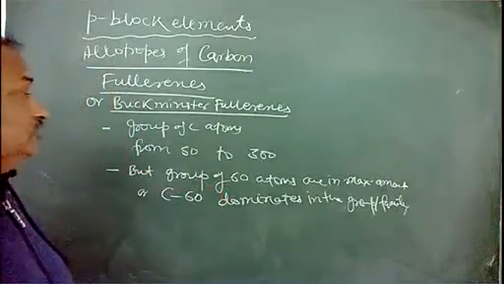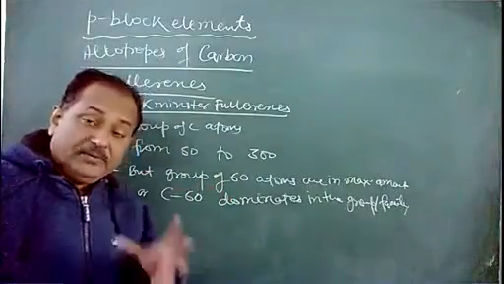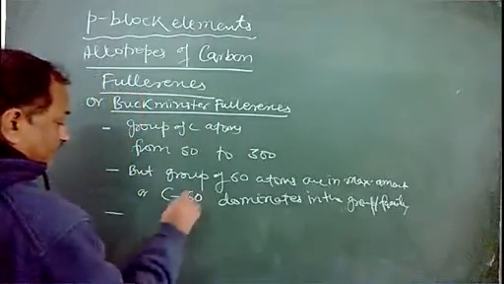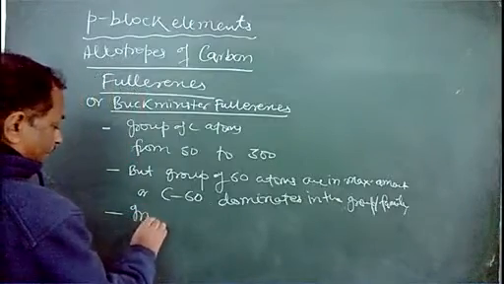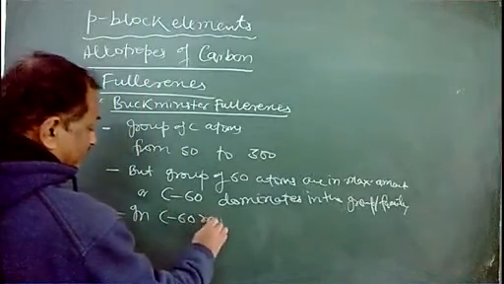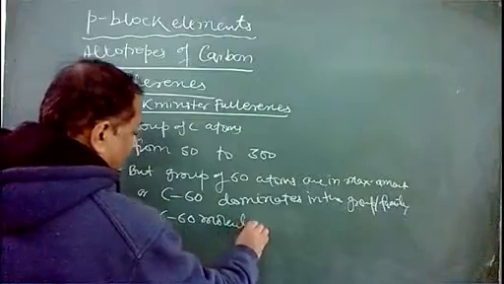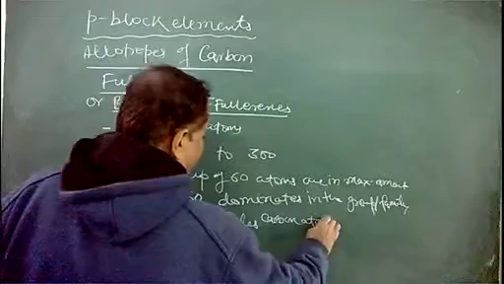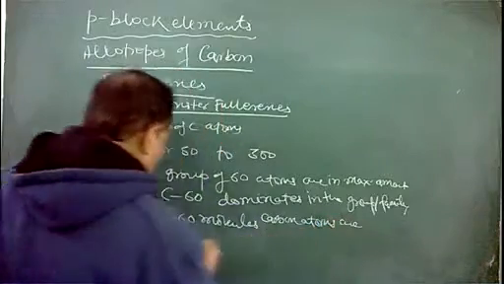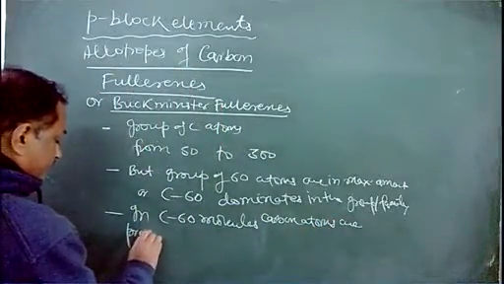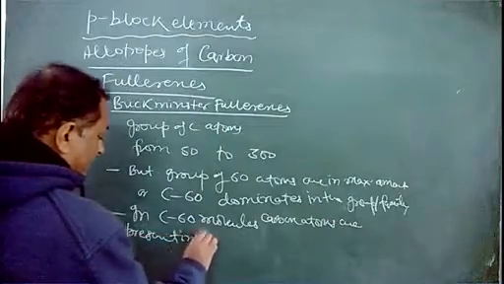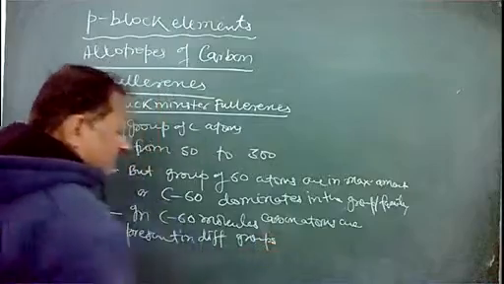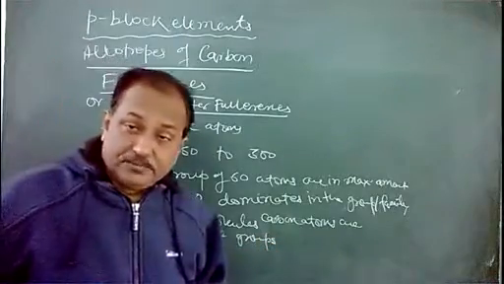And as a result, it is also called buckyball. It is a very huge ball. So in C60 molecules, the carbon atoms are present in different groups.